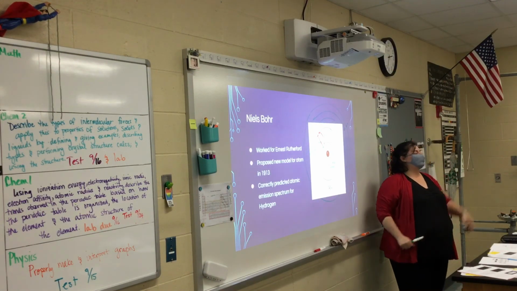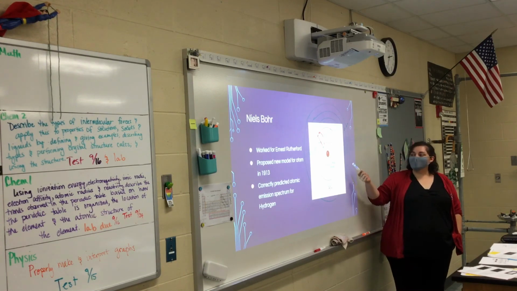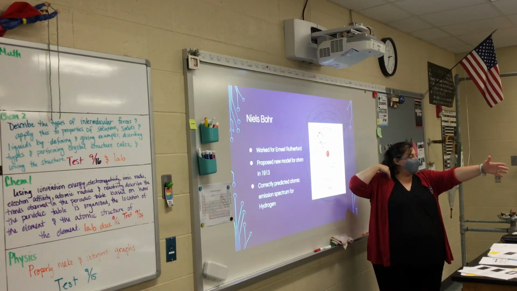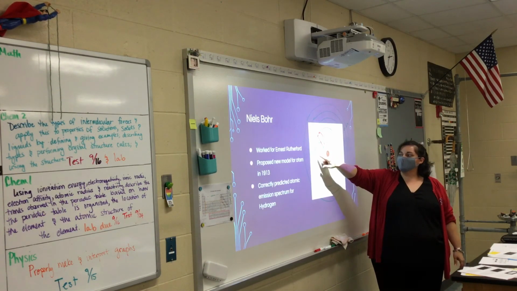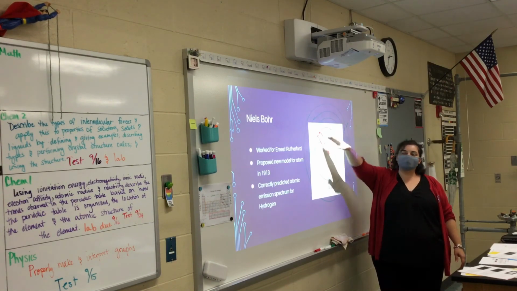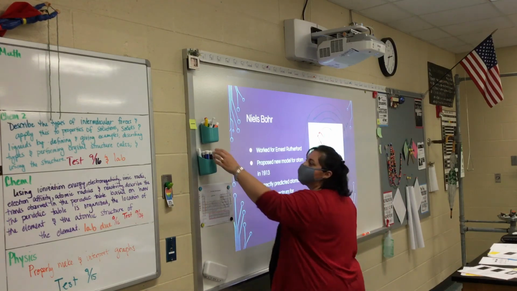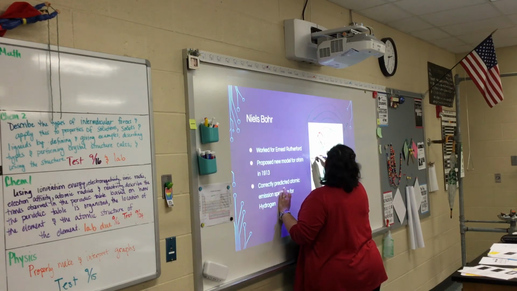Okay, yes, Hayden? Can you explain the other circles around there a little bit more? Yeah, in order to go farther away from the nucleus, it needs more energy. So this green wave might get it to the second energy level. In order to get it to the third energy level, we might need a wave that has a higher frequency that looks like this.